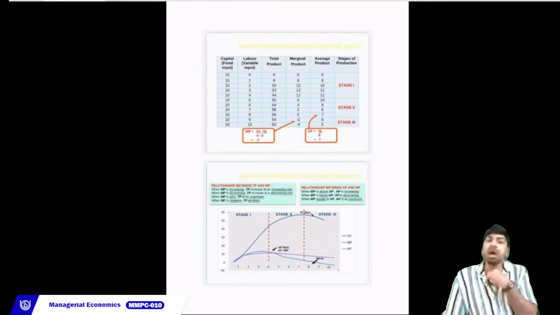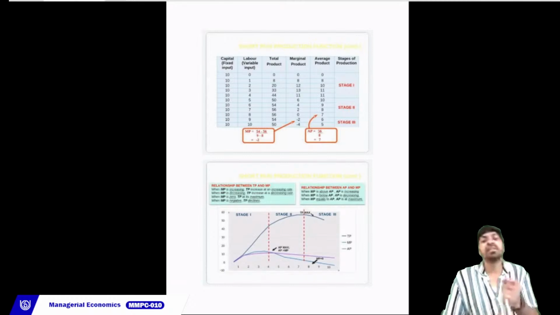The average product is also calculated from the total product by dividing by the number of labor units. That is 0. 8 by 1, 8. 12 by 2, it's written average product.